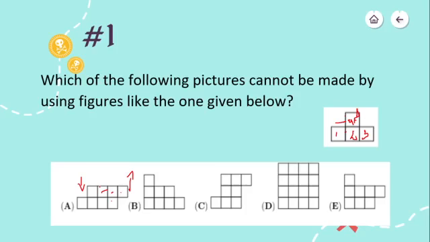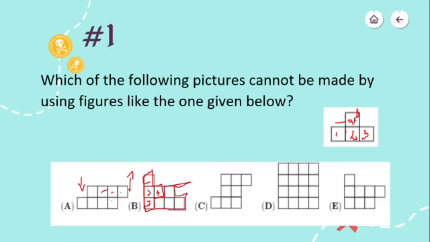Okay, so we move to the second option. Now they also constructed this kind of shape using this square. See, 1, 2 and 3. 3 in the bottom and 4 on the top. Okay, this is 1. Okay, and this is a second one.